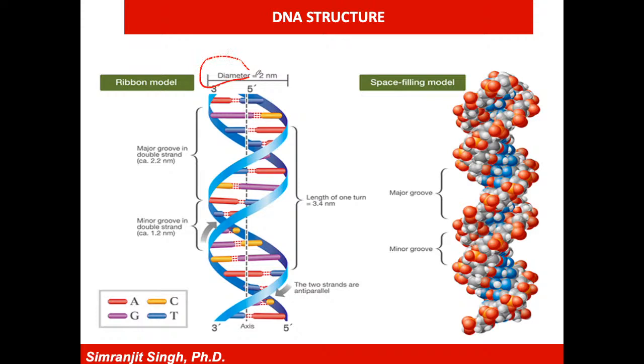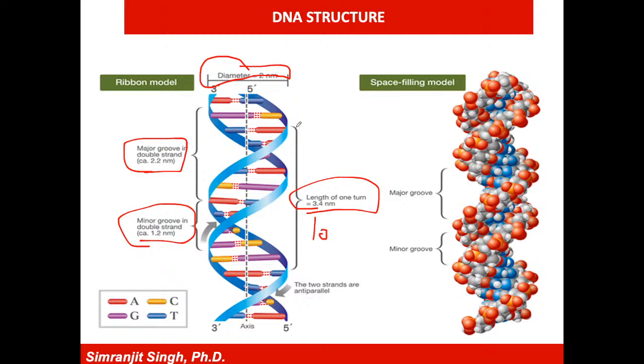The diameter is around 2.0 nanometer, the length of major groove around 2.2, minor groove 1.2, length of one turn 3.4. This includes around 10 nucleotides. Distance between two nucleotides is known as rise. So we have discussed many things yesterday.